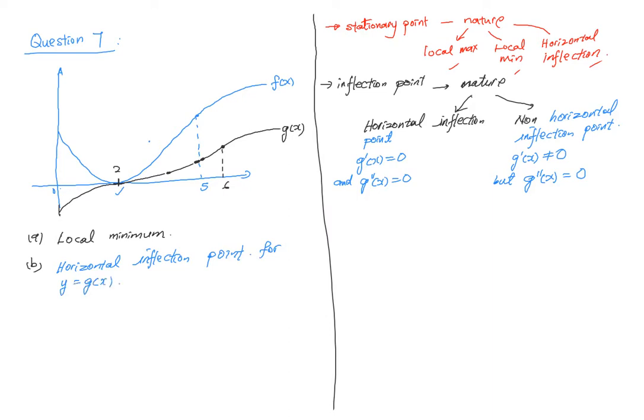Now the next one: the graph of y equal to f(x) in figure 6 has 1 point of inflection at x equal to 5. So I label here. Determine the interval for which f prime x is increasing. When you say f prime x is increasing, what does that mean?